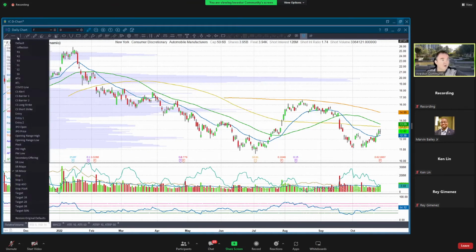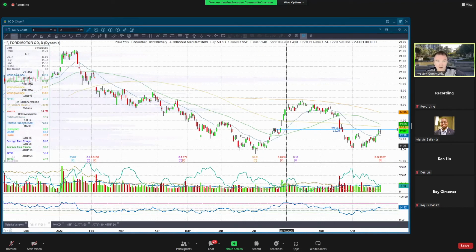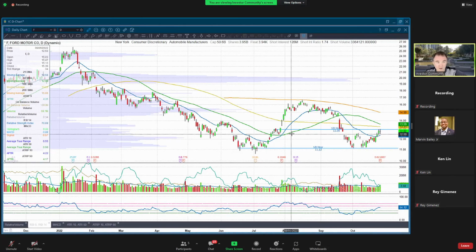All right. So there's a pivot here that seemed to have acted as resistance today. Get that drawn in. These lows right off that pivot right there. Yeah, that's a really nice support level there. You can see that we've put in a double bottom recently, but we have this series of bottoms here as well.